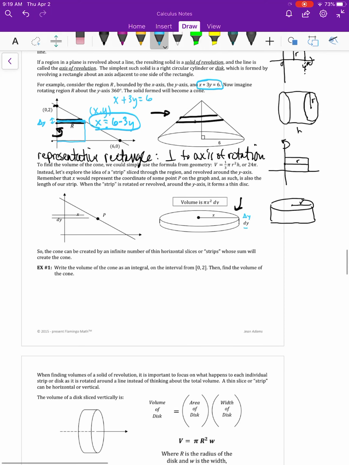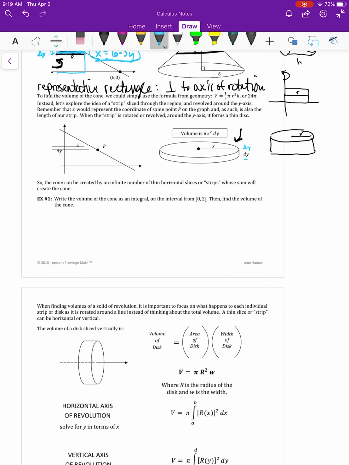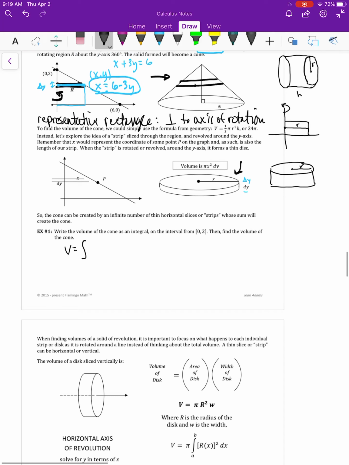Sorry about that. So now, if you're going to write your volume, you've got your volume equals. We're going to do y integration for this one, so your y integration goes from 0 to 2. The volume of this disk is the area of the base times the height, so this is pi r squared times the height. So this is pi x squared times the height, which was your delta y.